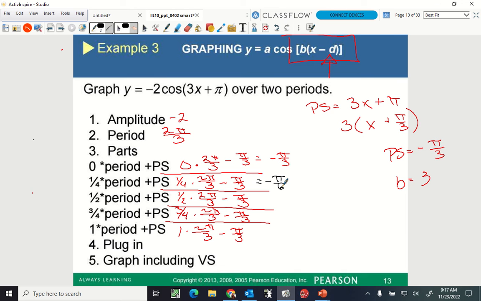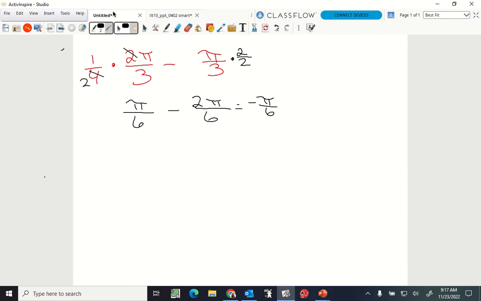The next one, 1/2 times 2 pi over 3, minus pi over 3. What's going to happen to those 2's? It's going to cancel, right? That's going to cancel, and I'm going to be left with 1 pi over 3.